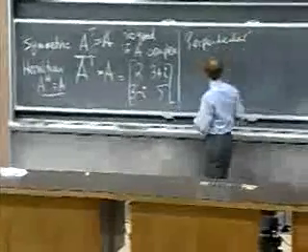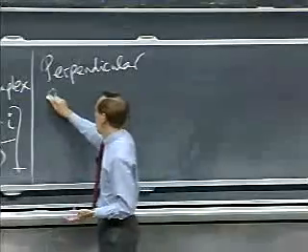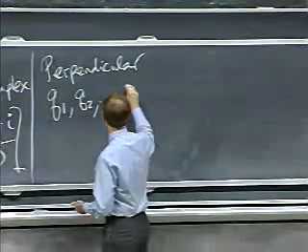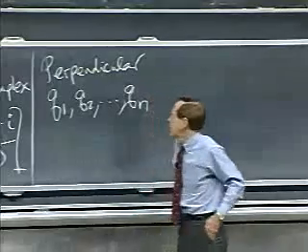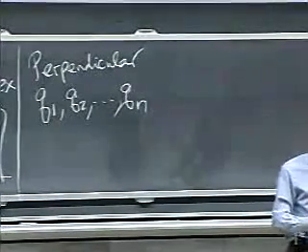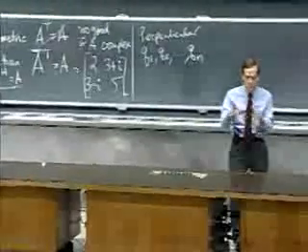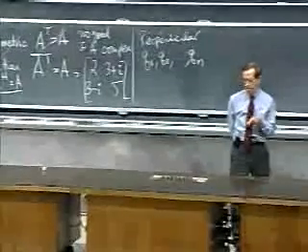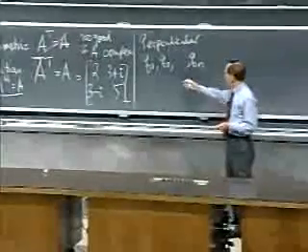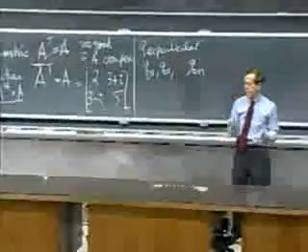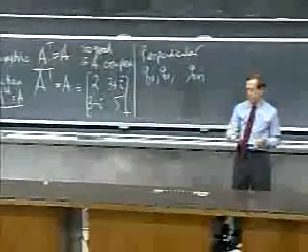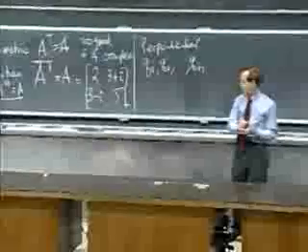Well, when I had perpendicular vectors, for example, they were like Q1, Q2, up to Qn. Q is my letter that I use for perpendicular. Actually, I also mean unit length. So those are perpendicular unit vectors. So it's an orthonormal basis. I'll still use those words, but how do I check perpendicular?